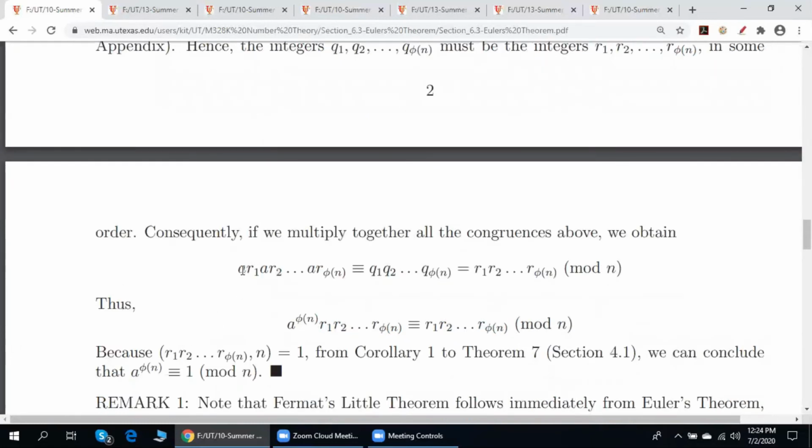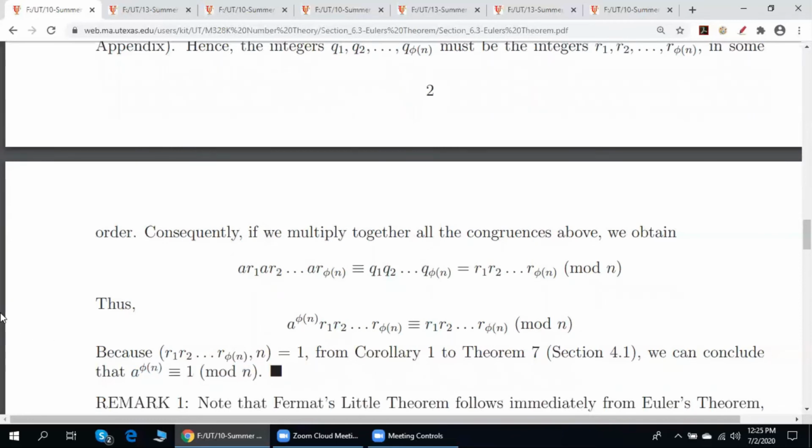Now, a times a times and so on, a is a to phi of n. Since each of these numbers is relatively prime to n, we can cancel out each number, and after the cancellation, we get exactly what we need.